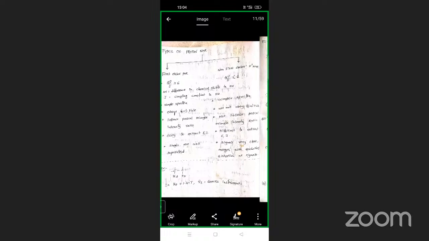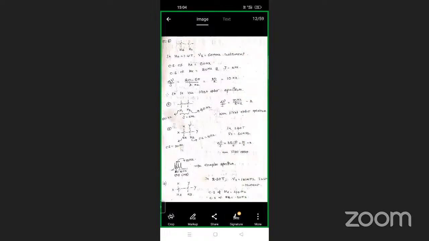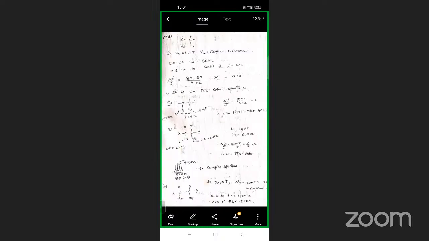Okay. So here you see some example. In this example, you can see HA and HX protons, where the magnetic field H naught, the instrument's precessional frequency, is 1.41 Tesla, and the chemical shift of the HA proton is 60 megahertz, and the chemical shift of the HX proton is 80 megahertz here, and the J value is 2 hertz.